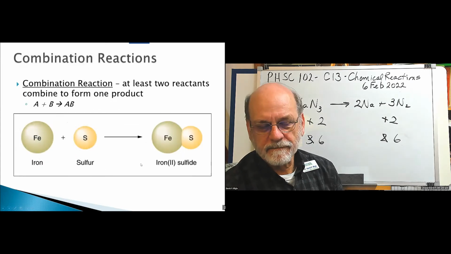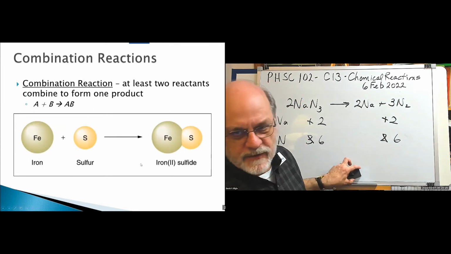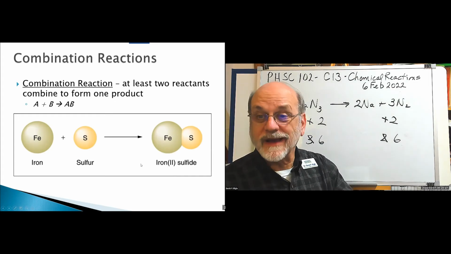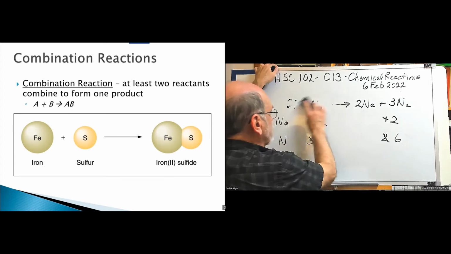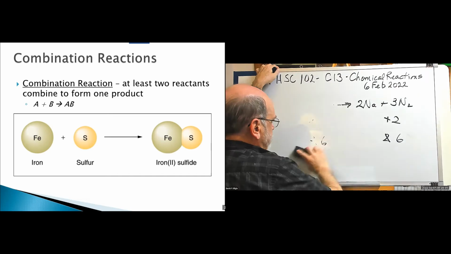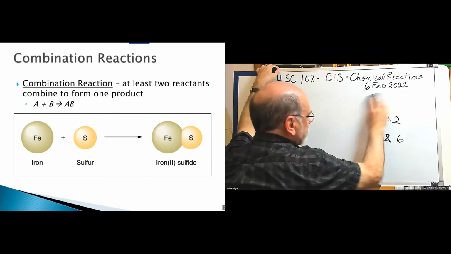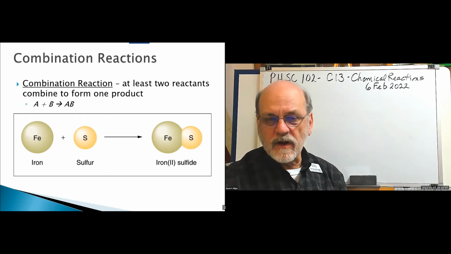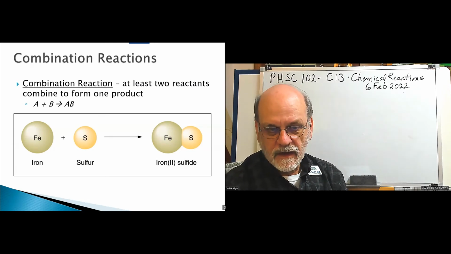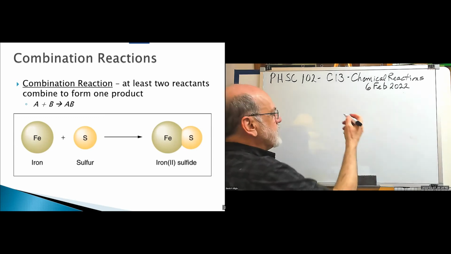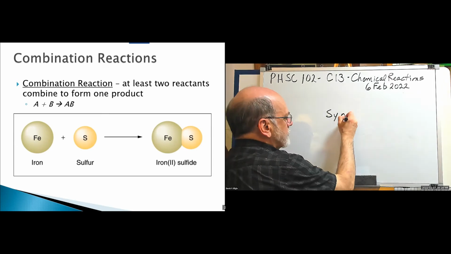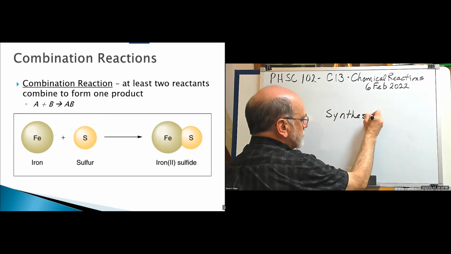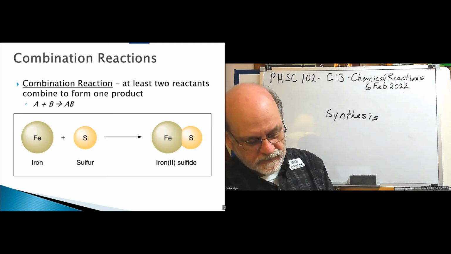Okay. Now, there are different types of reactions, and sometimes it's helpful to recognize what type of reaction we're dealing with. This is called a combination reaction, or sometimes it's referred to as a synthesis. You'll see it both ways.